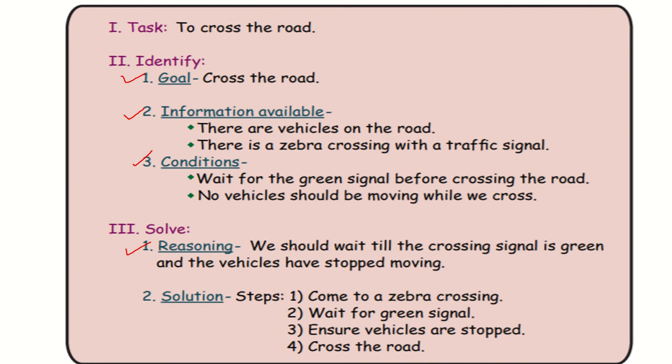Then we come to the solution that we should wait till the crossing signal is green and the vehicles have stopped moving. So the solution will be: come to the zebra crossing, wait for the green signal, ensure vehicles are stopped, and then in the last step we can cross the road.